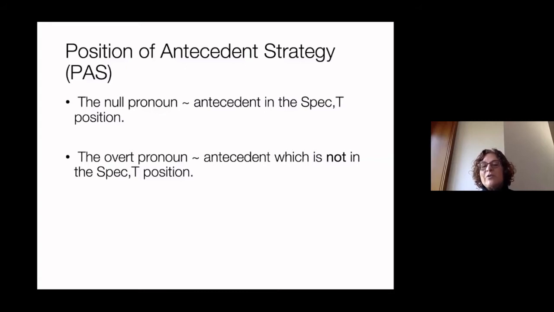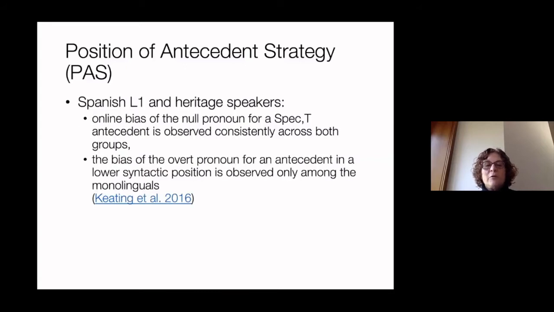Let's see how this strategy gets reanalyzed in the heritage speaker. So if you look at Spanish L1 and heritage speakers in the work by Keating and Jegerski, they show that both groups, L1 and heritage speakers, still have the bias of interpreting the null pronoun as the subject.